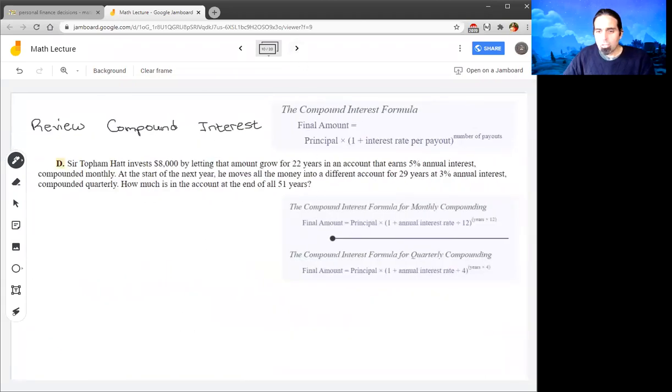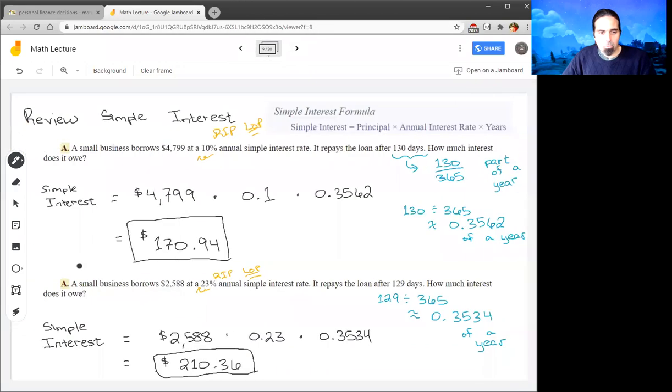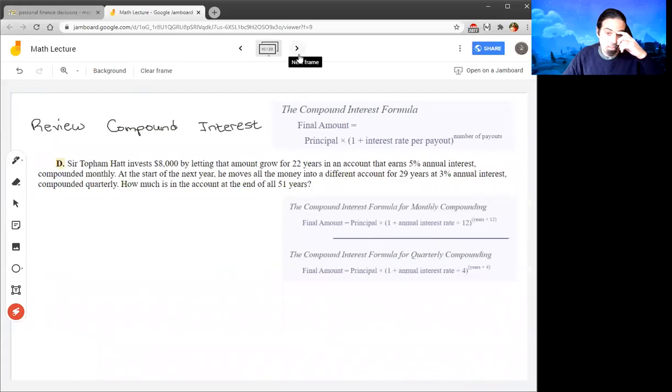Compound interest has a trickier formula. We're going to do very similar things. We're going to take the annual percentage rate and change it into a decimal with the decimal point scoot, and we'll plug everything else into the formula. So this is a two-part formula.